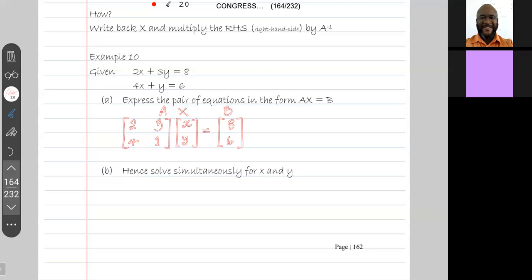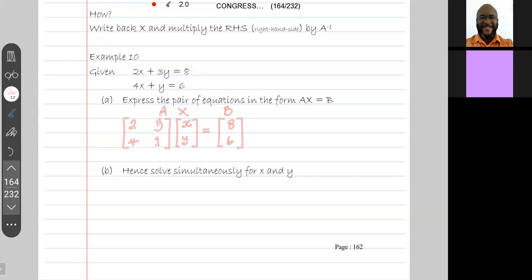So what I've just done is written my simultaneous equations as a matrix equation. So now my simultaneous equations are a matrix equation of the form AX is equal to B. A is the coefficient matrix.